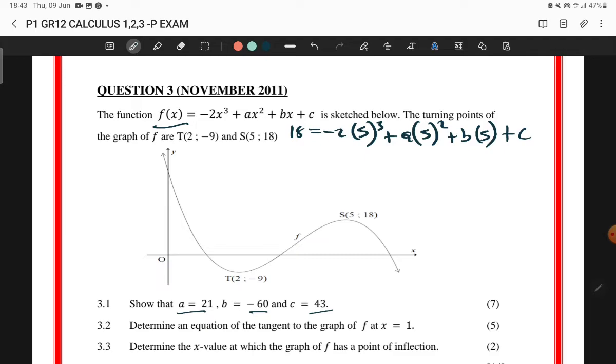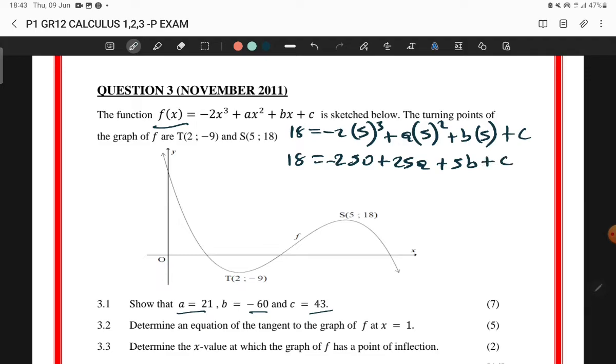So we are having this one now, and what we can do now, we're going to say we are having 18. Then if we press the calculator, 125 times 2, we get 250, negative 250 here, then plus 25a, plus 5b, plus c.